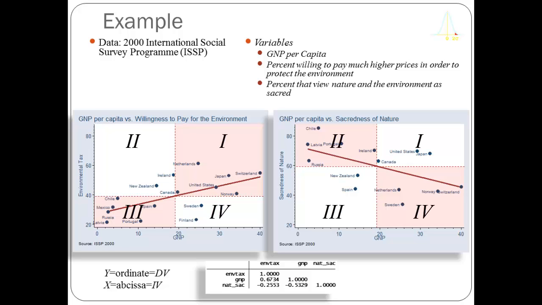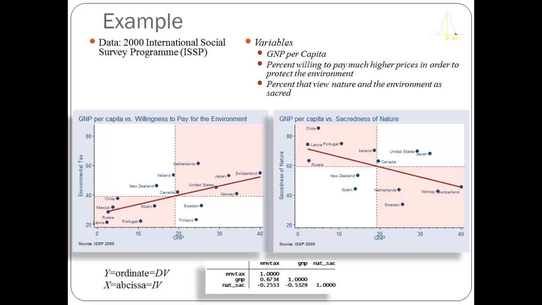Everything to the right of the vertical line is above the average gross national product. Everything to the left of the vertical line is below the average gross national product. Looking at the horizontal line, everything above it is above average on both of the dependent measures, the environmental tax and sacredness of nature measure, and everything below that horizontal line is below average on those measures.